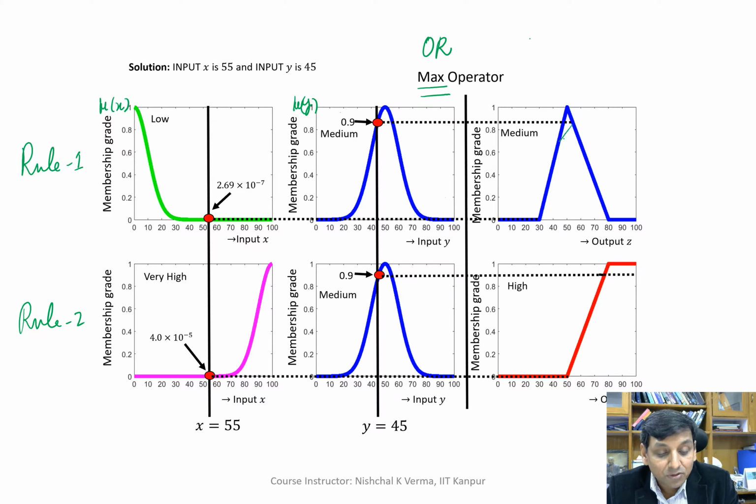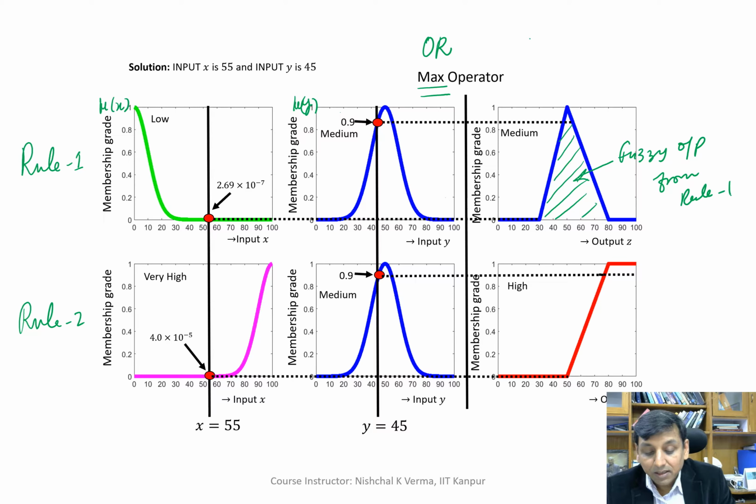So if we use 0.9 for truncation, we use this value as the fuzzy output from rule 1 for the input x equal to 55 and y equal to 45.